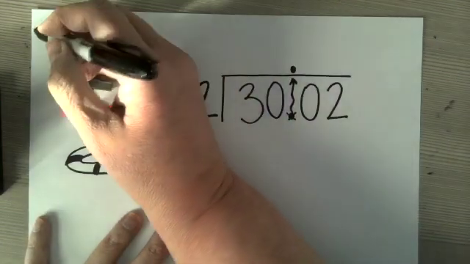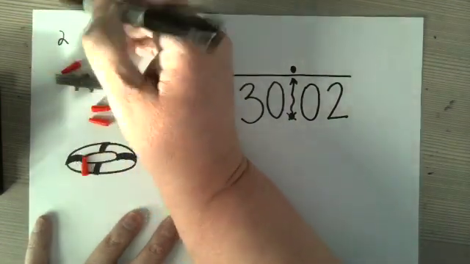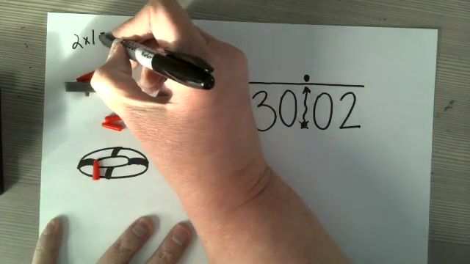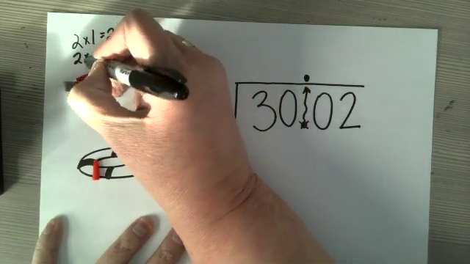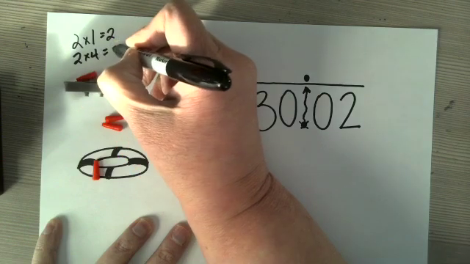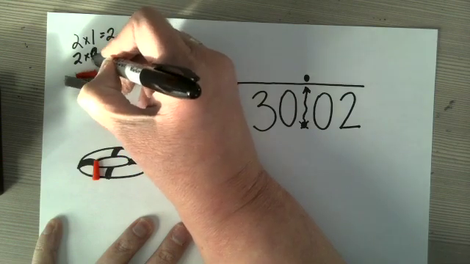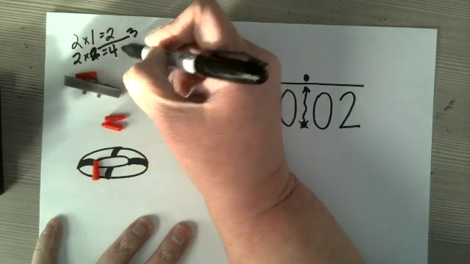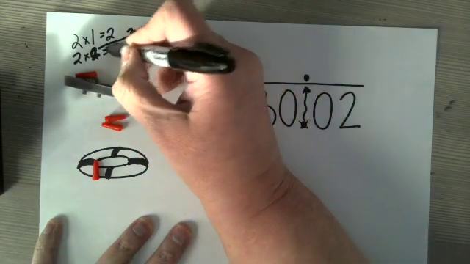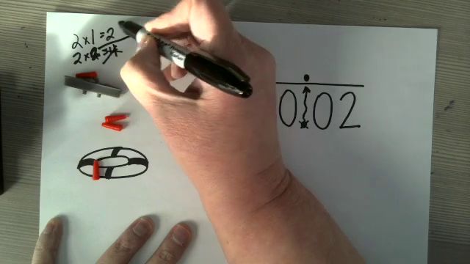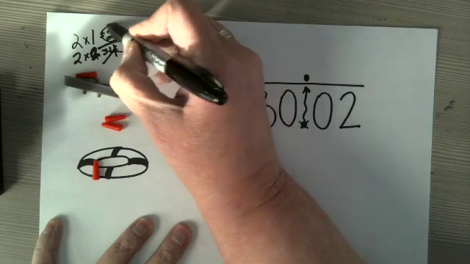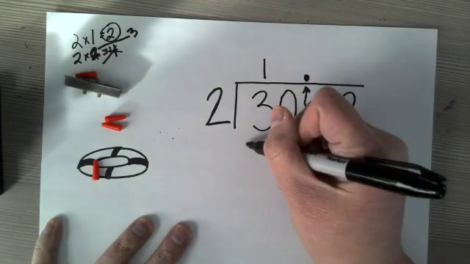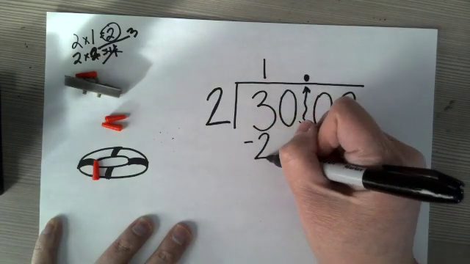And we've talked about how 2 times 1 is 2, and 2 times 2 is 4, and that 3 sits right there in the middle, right? Well, we can't go over the number that we're looking for. We have to stay under it or on it. So we have to use this one. So 2 times 1 is 2. So we're going to subtract a 2.